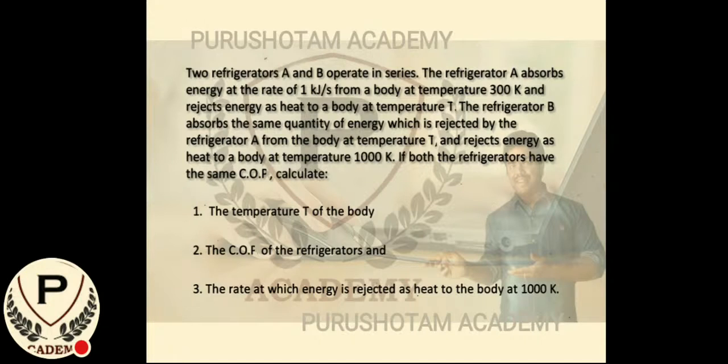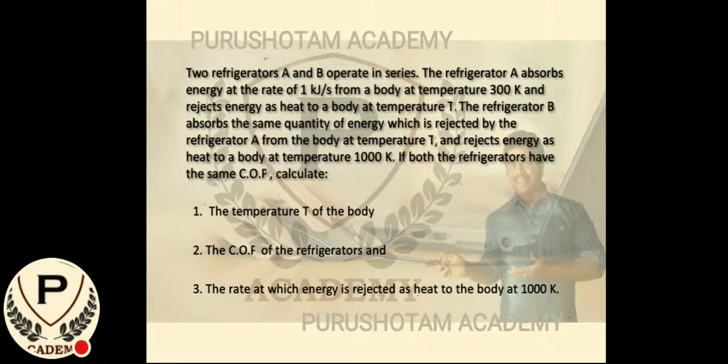Okay, so here he is asking us to find out the temperature capital T of the body, which is the second body, and the COP of the refrigerators, capital A and B refrigerator COP, and the rate at which energy is rejected as heat to the body at 1000 Kelvin.